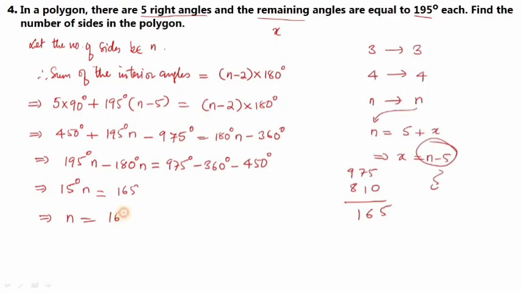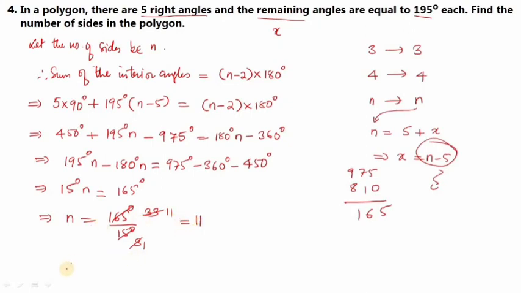So we have 165 degree by 15 degree. Let's do the cancellation. 5 1s are 5, 5 3s are 15, and 3 1s are 3, so 11.